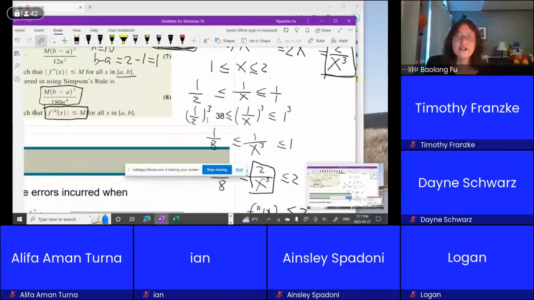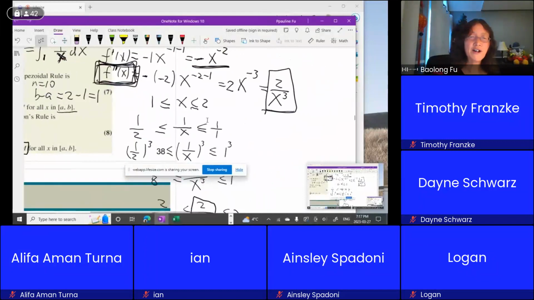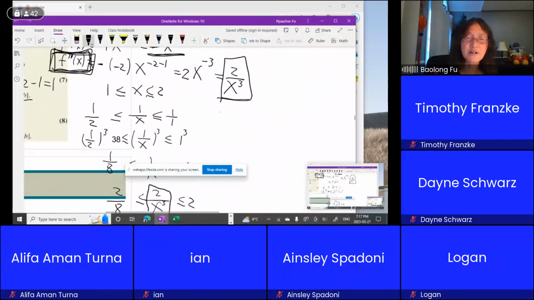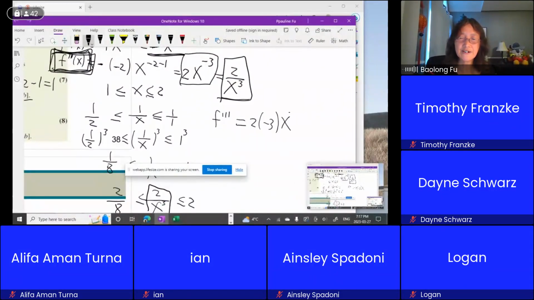So we need to continue. We found the second derivative, now we find the third derivative. So for the third derivative, use this. This is the second derivative: 2, -3, x, -3, -1, -6, -4.